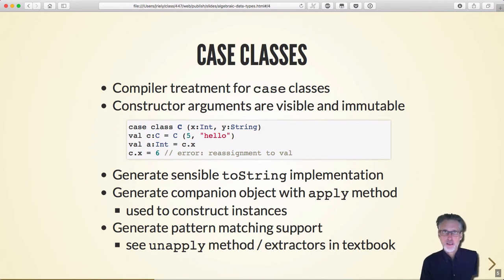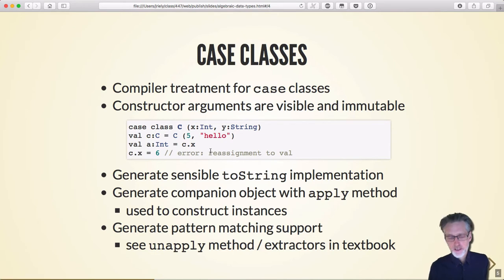The most significant thing is we get support for pattern matching. The way pattern matching is implemented is very interesting. It's beyond the scope of this course in terms of the detail you need. There's a whole chapter on it in the Scala textbook. The way it works is that the object has certain methods that are used by the match construct.